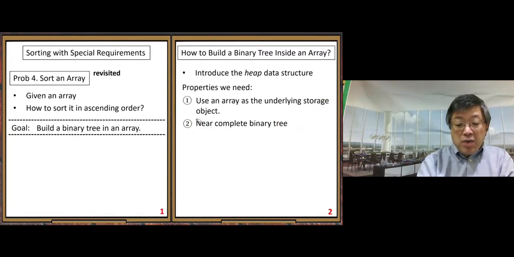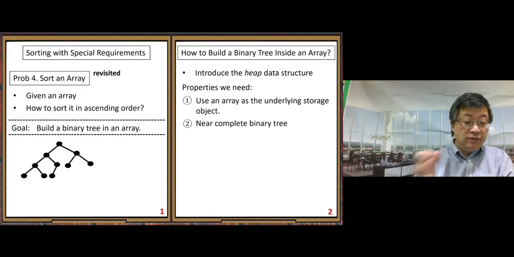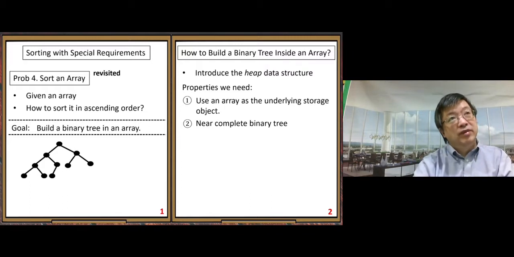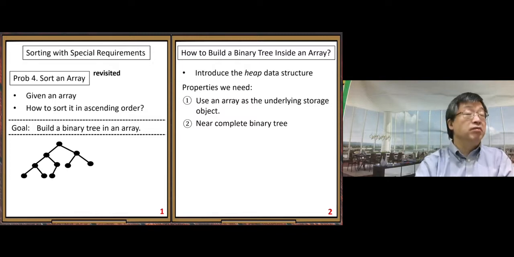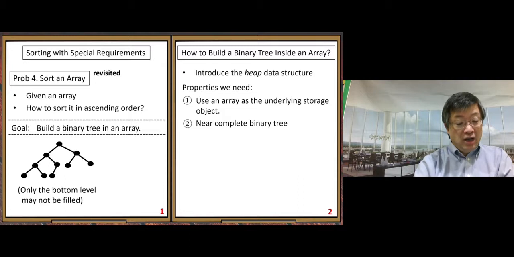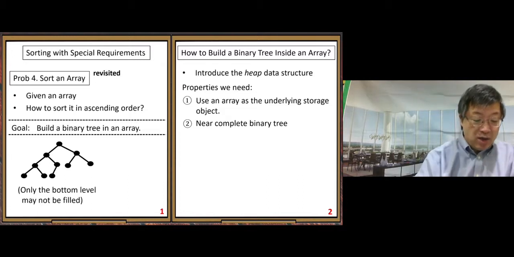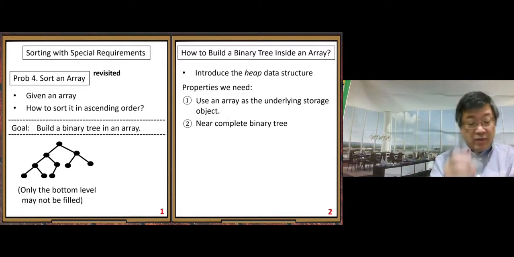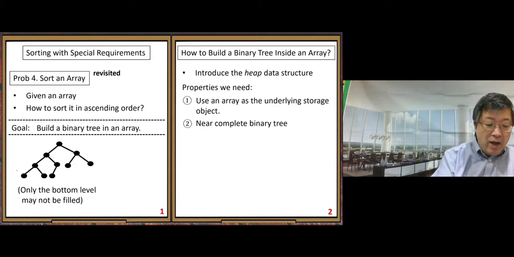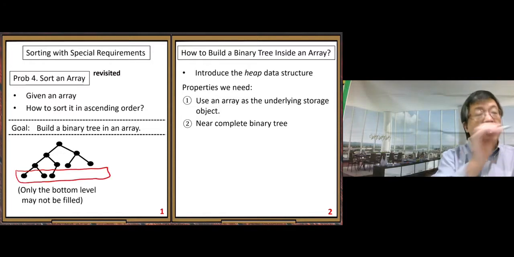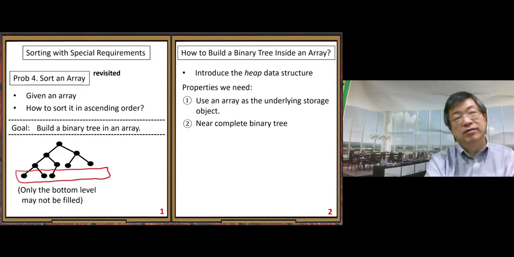But what is the meaning of near complete binary tree? Here, let me draw a simple example. So this is the near complete binary tree. Why can we call it near complete binary tree? Because other than the bottom level, if you do not look at the bottom level, it is a complete binary tree, right?